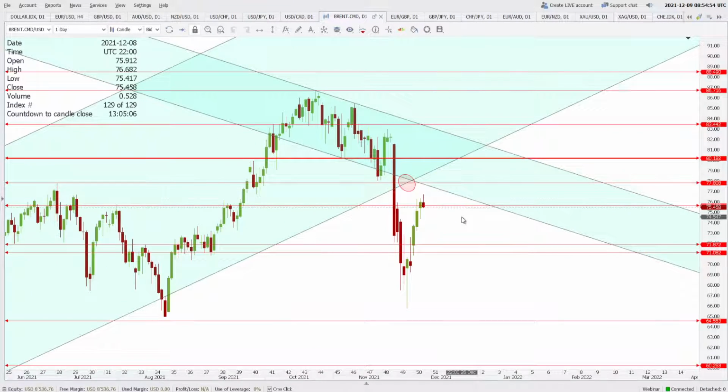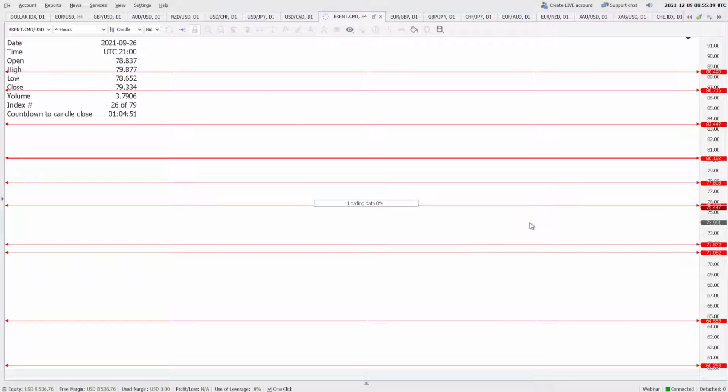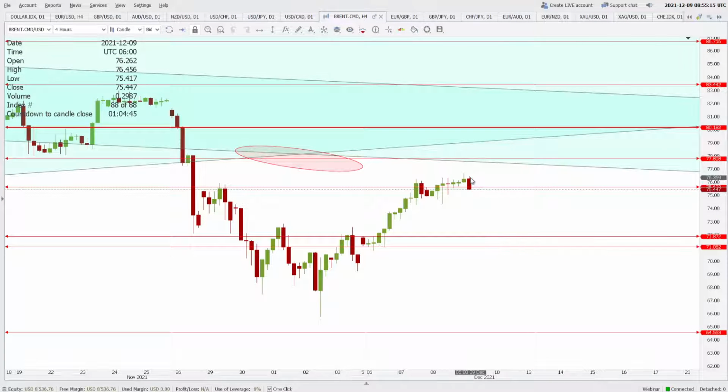Talking about the Brent, it is giving us a bearish pin bar right at the resistance today, but there is a support at 71.87, which is much lower, and resistance very close, that is 77.80. If the sell off continues for the entire day, the price can go near $71, my friends. This has just started.